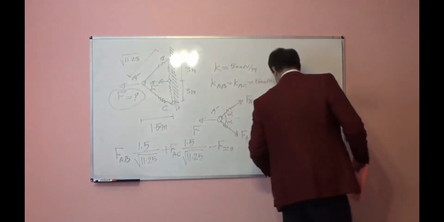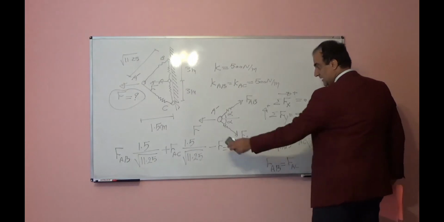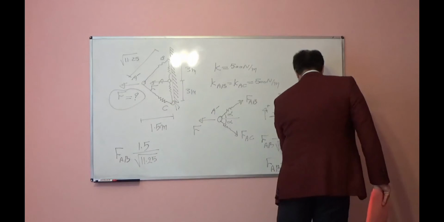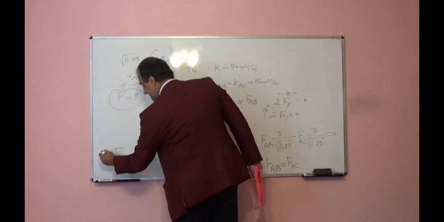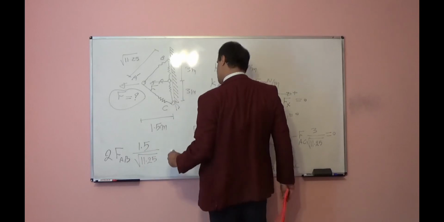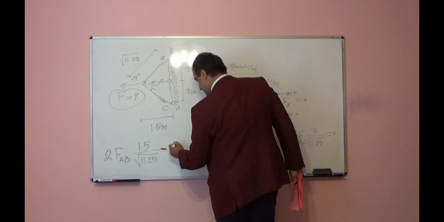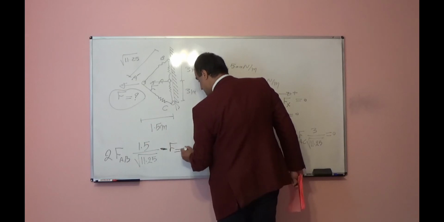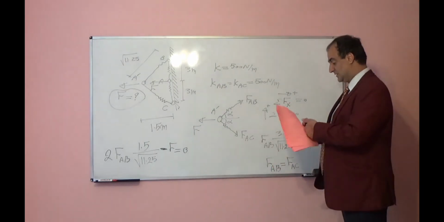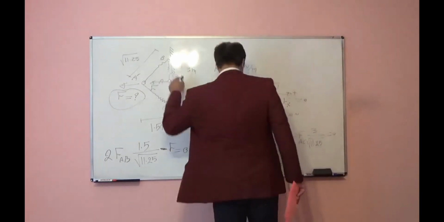So here, because FAB is equal to FAC, I can plug in FAB instead of FAC. In that case, I can write 2 times FAB times 1.5 divided by square root of 11.25 minus F is equal to 0. Now, what is the FAB in the spring?